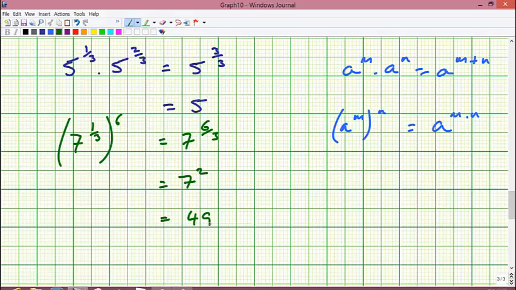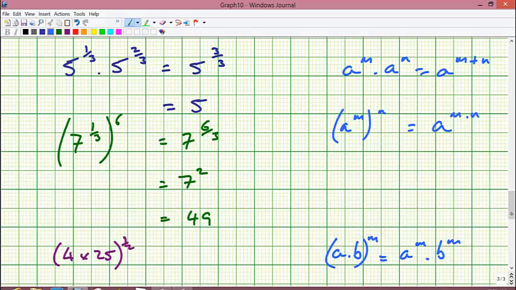And then the last one we're going to look at is this rule here. 4 times 25 to the power of 1/2. Okay? So the rule that this one is following is a times b to the power of m equals a to the power of m times b to the power of m.